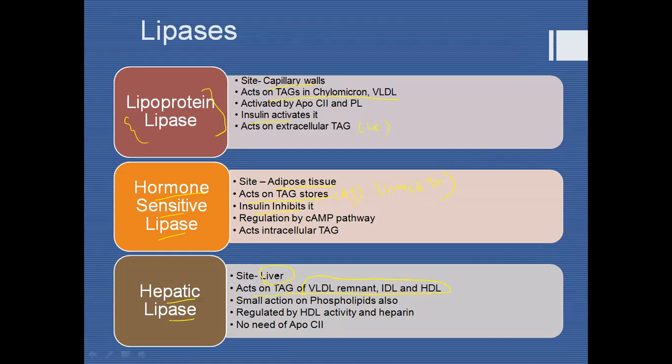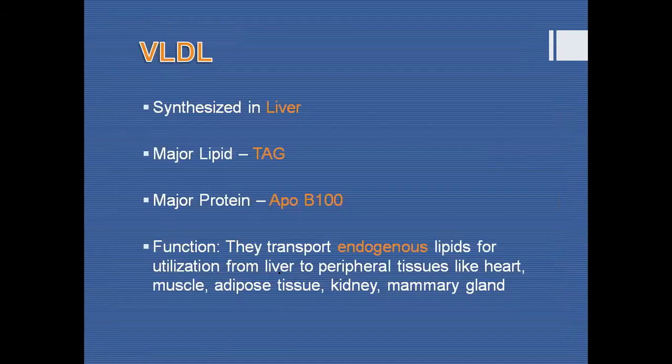Okay, so all three lipases will hydrolyze the triacylglycerol, but their site of action is different. Please look carefully and try to remember this slide. It will be helpful in understanding the integration of metabolism as well as lipoprotein metabolism.